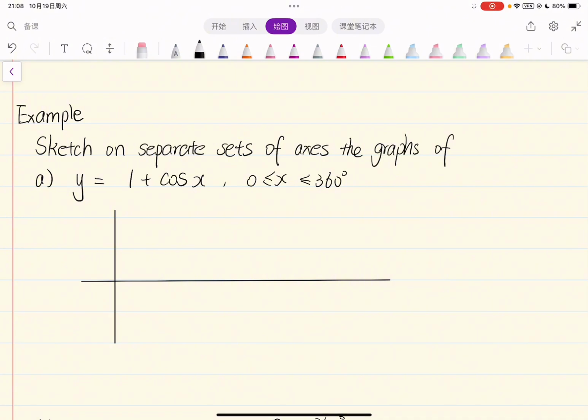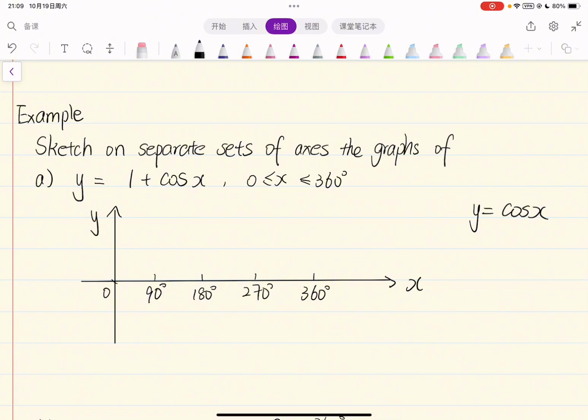We have x here, and y here. We have 0, 90 degrees, 180 degrees, 270 degrees, and 360 degrees.